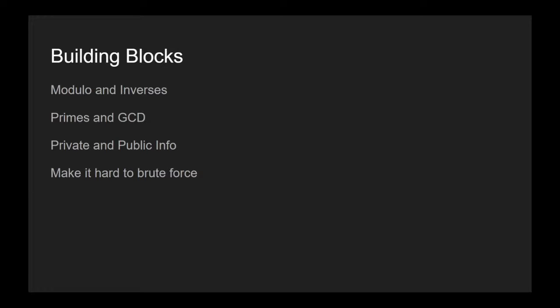And then private and public info is the next step. It takes the previous concepts and adds an extra step. And then making it hard to brute force is the overall goal of crypto algorithms. You want them to be difficult to brute force, so that attackers can't read your messages. I'll explain each one of these a little bit more in depth.